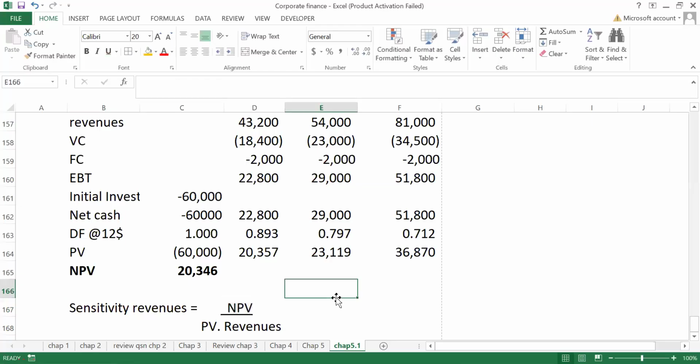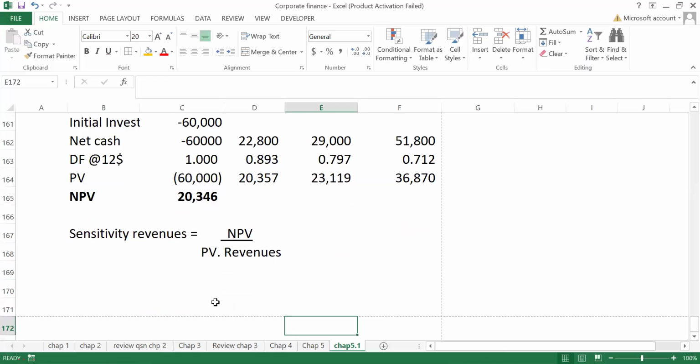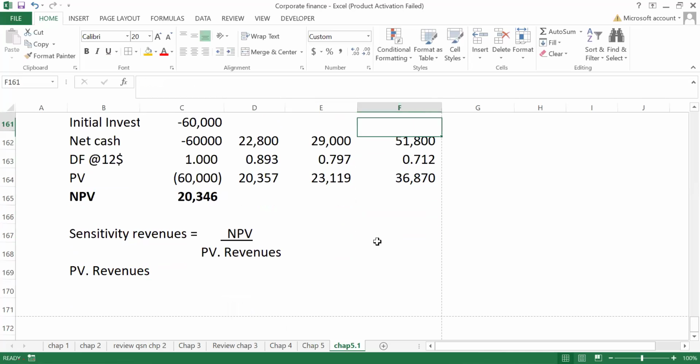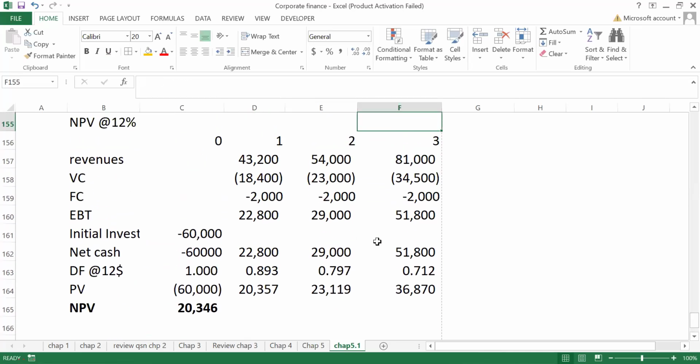So what do you have in my data? If you check my data, I've already got the PV of revenue. Sir, there is a problem in the third year. The net cash is what? Revenues is 81,000. 81,000 minus 34,500 equals 46,500.